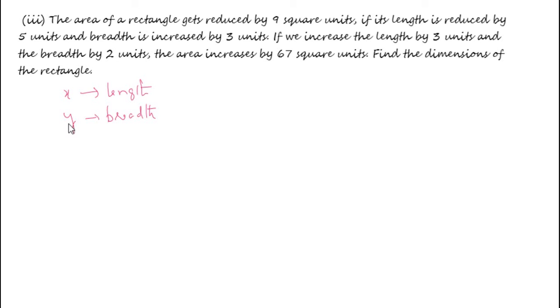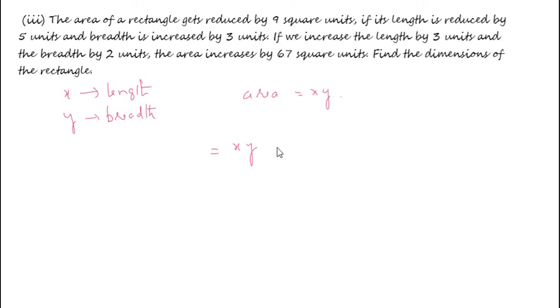If x and y are length and breadth respectively, then area equal to xy. Now the area of the rectangle gets reduced by 9 square units. So area gets reduced. Area is nothing but xy.